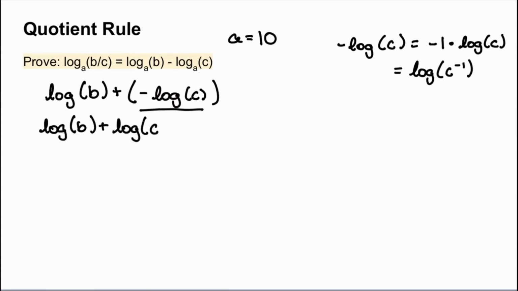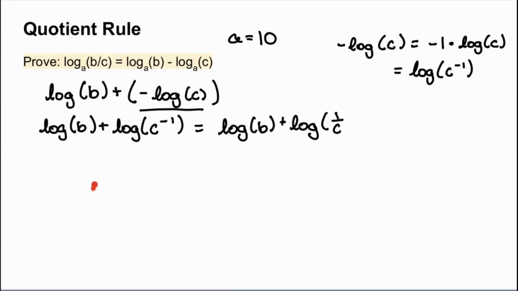So this is going to be plus log of C to the -1 power. Now we can rewrite that inside of that logarithm, C to the -1 power is really just equal to 1 over C.